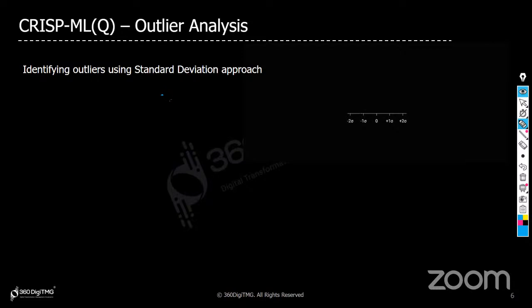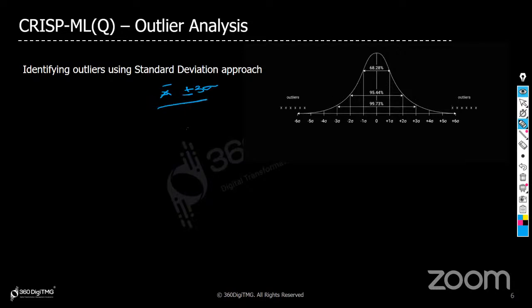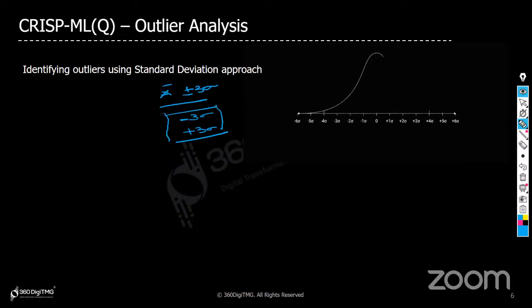Suppose I'm taking X bar plus or minus 3 standard deviations. Whatever data points are below minus 3 standard deviations or above plus 3 standard deviations, those are outliers. So when we are using the standard deviation approach, this is the case. And what is the next thing?